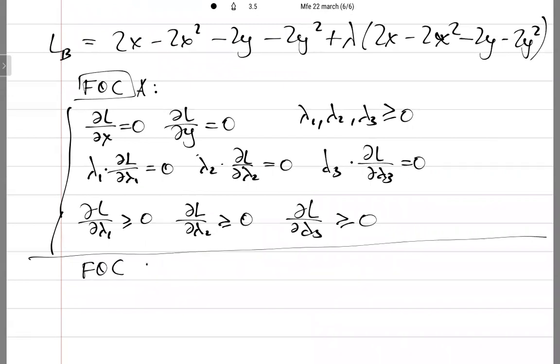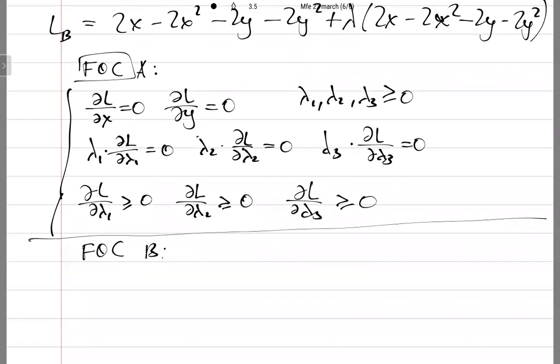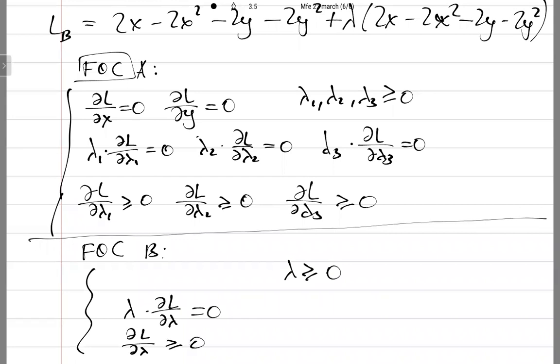What are the first order conditions for case B? What will change? I will have only one lambda. So lambda times dL/d lambda will be 0. Lambda is greater than 0. dL/d lambda will be greater than 0. And x is greater than 0, y is greater than 0. What will change in first order conditions?